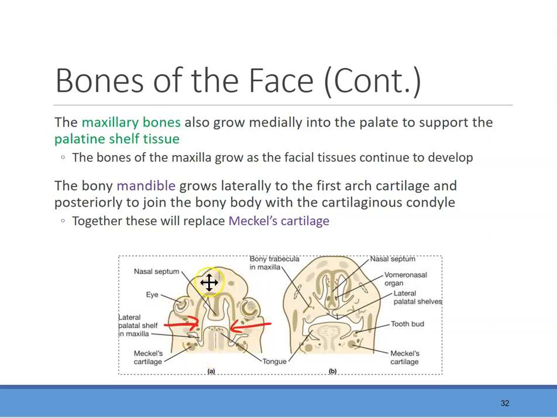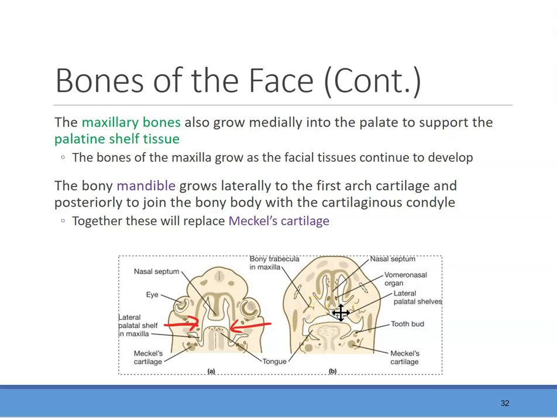This is the eye, this is the nose, and we're looking at it head on. The eyes aren't in their proper position yet because it's still a growing embryo. Here is the maxilla. And what happens is the maxilla grows medially, which means it grows towards the middle, and it takes over like this, and it fuses together.